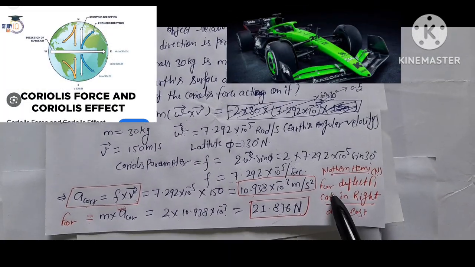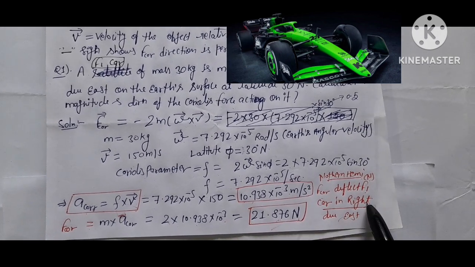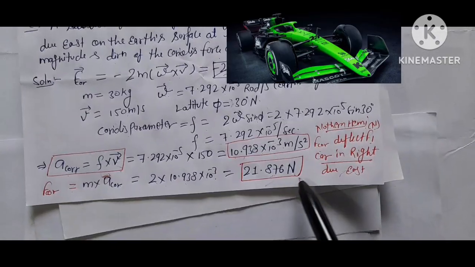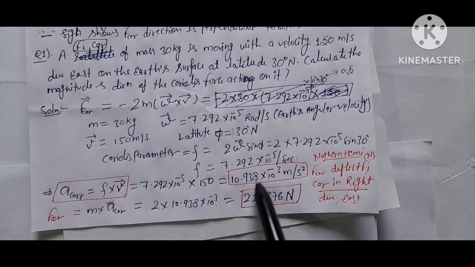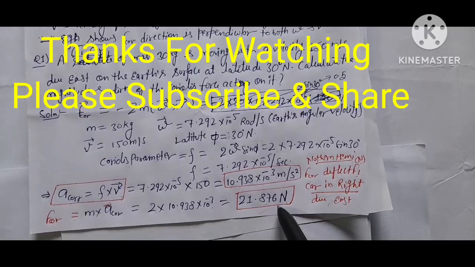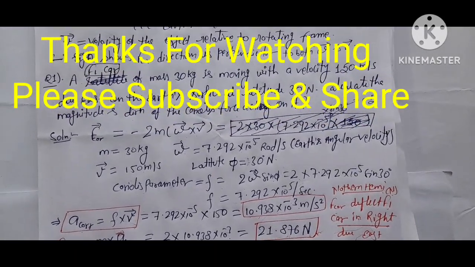It means the Coriolis force deflects the Formula 1 car to the right of its due east motion. The force acting on it is 21.876 Newton, and it is deflected to the right of the Formula 1 car.